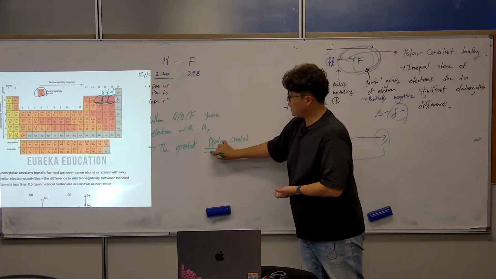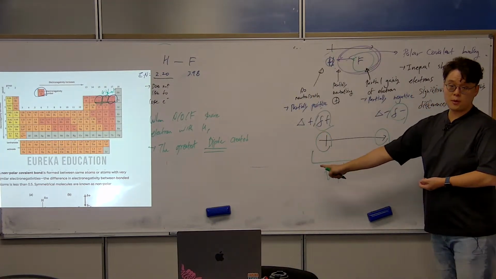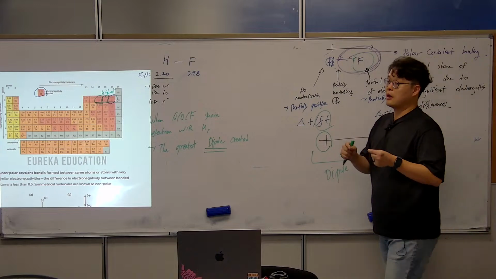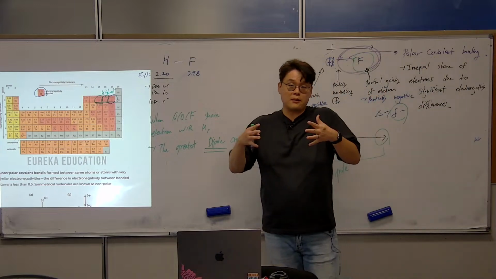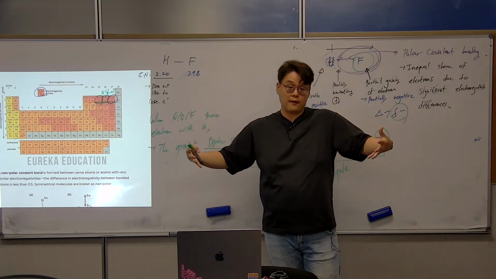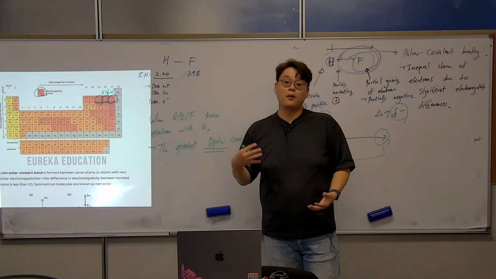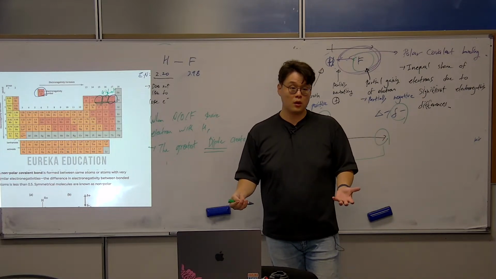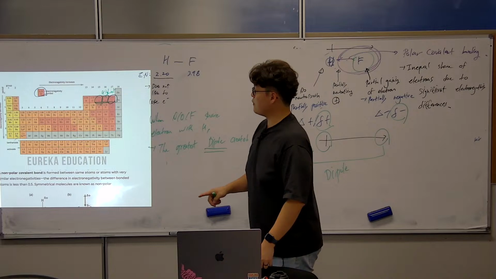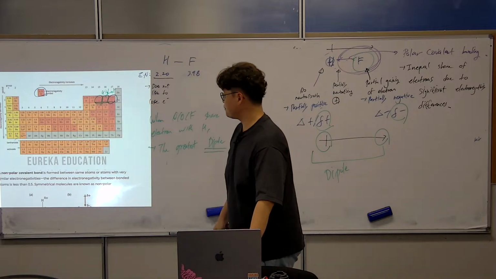Again, dipole means partial positive and partial negative. Because they have this significant, the most significant difference from one to another, you have a greater positive and negative in our form too. Simply, we just got to determine that electronegativity.